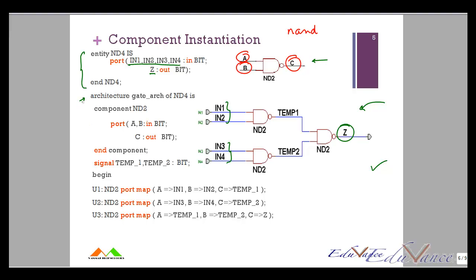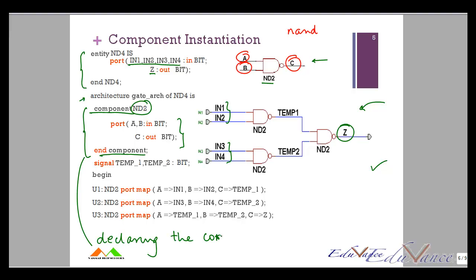I would call in the component with the keyword component, the name of the component, which was ND2, which I decided to give it, write the ports of the component, and then write the keyword end component. So this is what I call declaring the component.